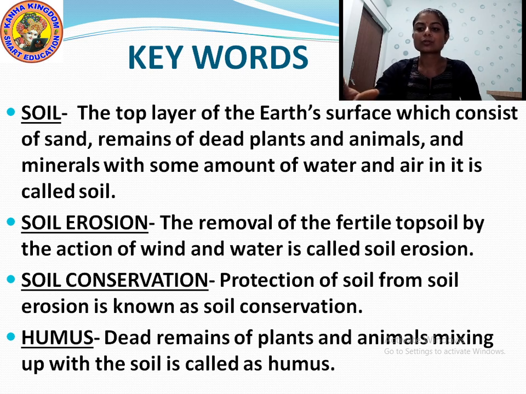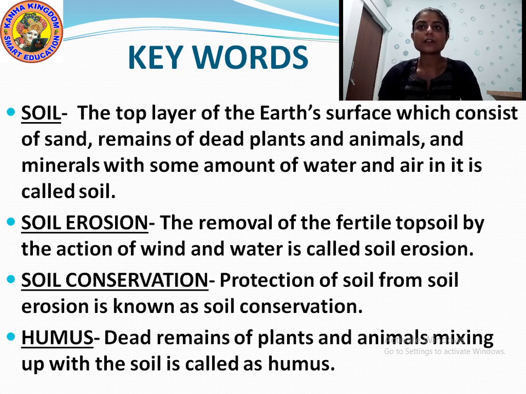Okay, so students, now let us read some keywords that are given in your book. Okay, what is soil? The top layer of the earth's surface, which consists of sand, remains of dead plants and animals and minerals with some amount of water and air in it, is called soil. Okay, then what is soil erosion?